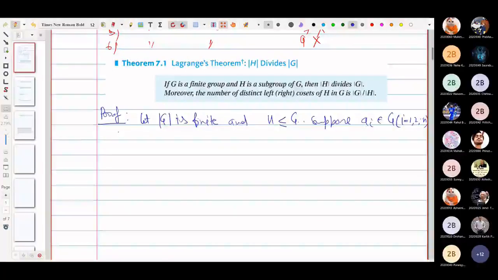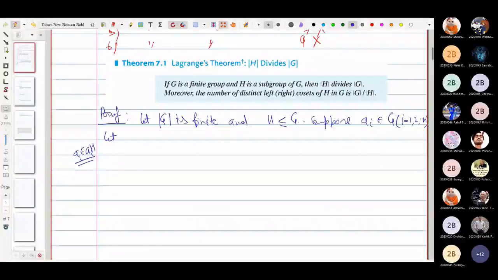Okay. Let us note that a essentially has to be a member of aH. Fine. So corresponding to each a_i, we have one a_iH.